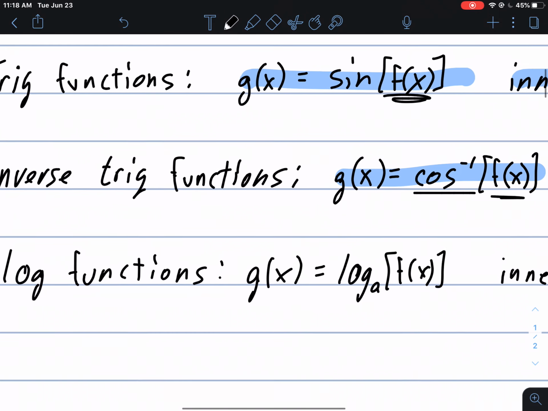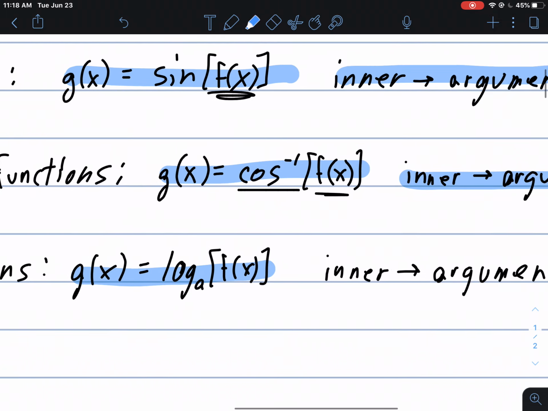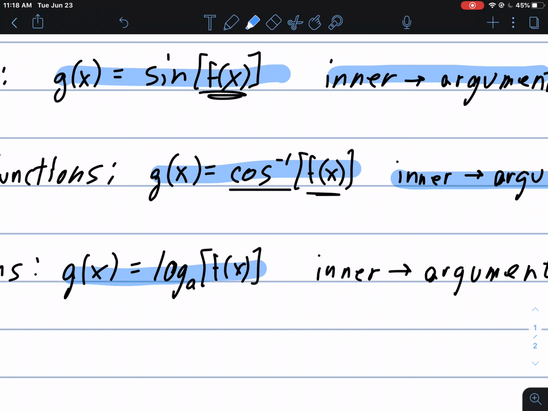We've talked about log functions. We haven't talked about their derivatives yet, so we'll get into that in an upcoming section in this chapter. So if I have a function defined as a log function, again, you're looking at the argument as your inner function. I'm giving you the idea visually of what you're looking for to recognize the inner function and the outer function, so that once we start working with the process, if you can recognize that, the process moves pretty straightforward.